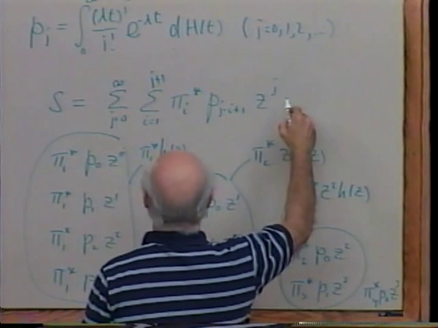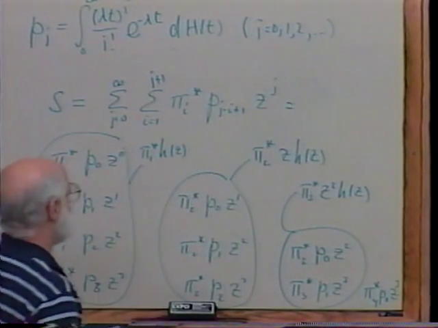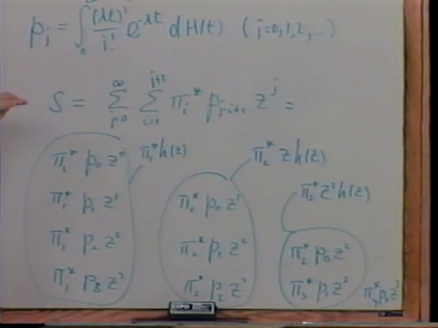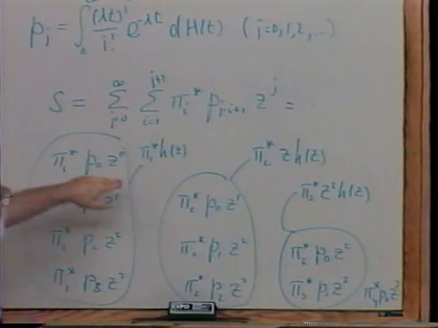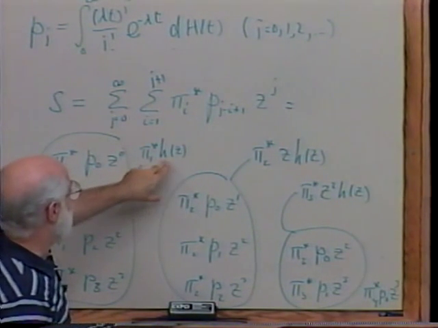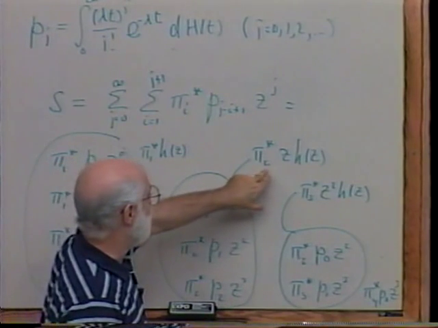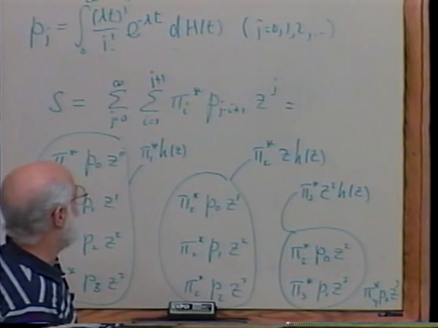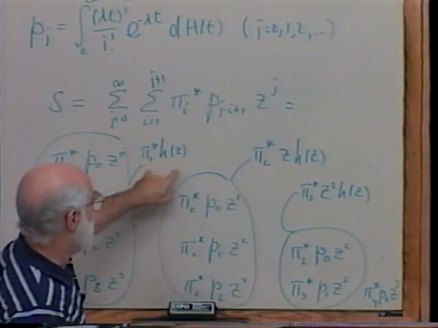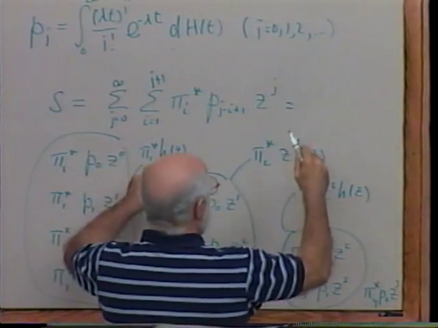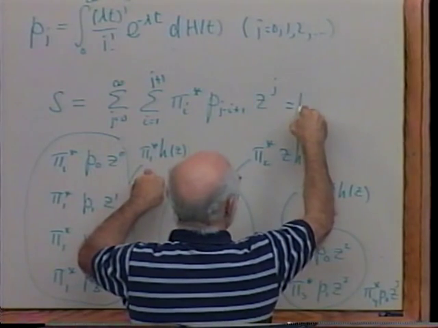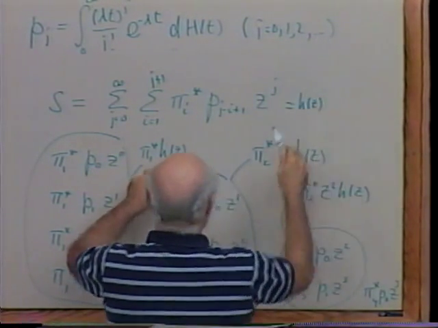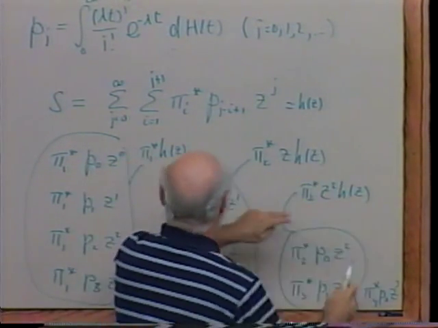Okay, so now let's see what S has become. When I calculate this sum, what I'm left with is pi 1 star h of z, pi 2 star z h of z, and so forth. The h of z factors out. So that takes care of that h of z, that h of z, and so forth.